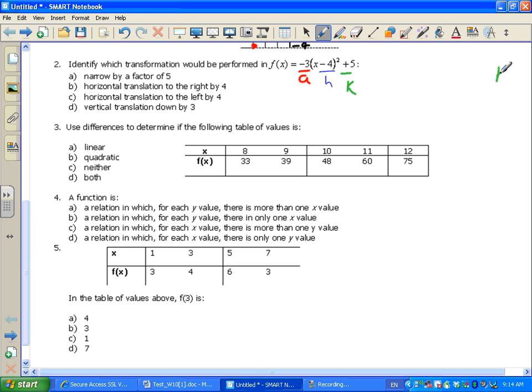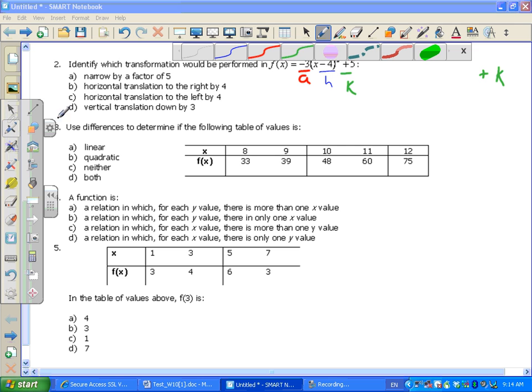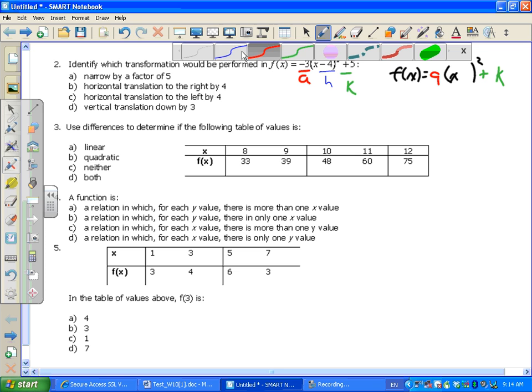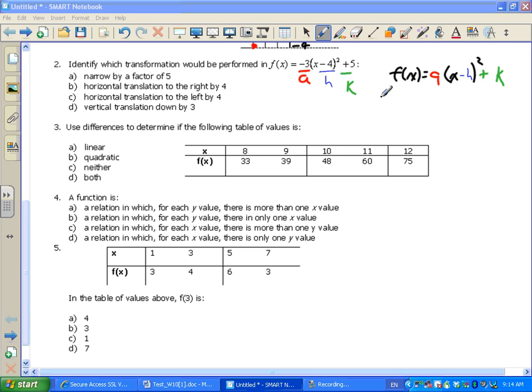If you guys remember, our function was f of x equals a times (x minus h) squared plus k. A dealt with stretching a parabola. H dealt with movements on the x axis, and K was on the y axis.